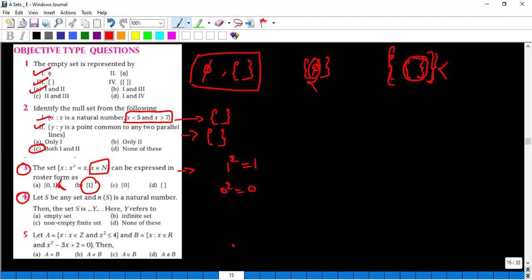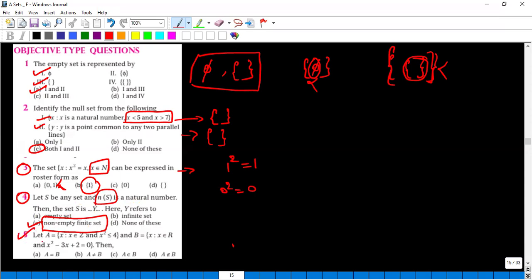Let S be a set and n(S) is a natural number. What is the meaning of this? That means you are able to define how many elements are there inside the set. What is the correct option? Non-empty finite. The set is not empty and at the same time you can count how many elements are there inside the set.